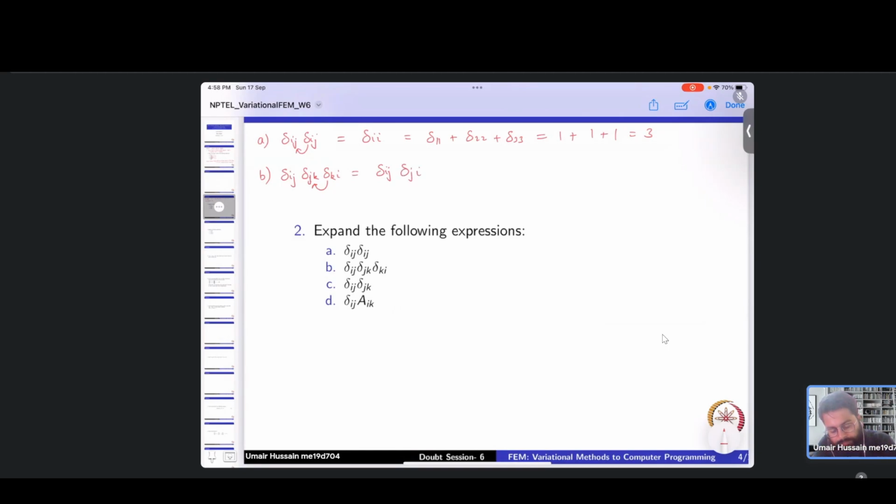So we have delta ji. Now again we can do the same here. Substitute, we get delta ii again, which is again equal to 3. So we could have done this first, then we would have delta ik, then delta ki would again give us delta ii or kk. That's the same.